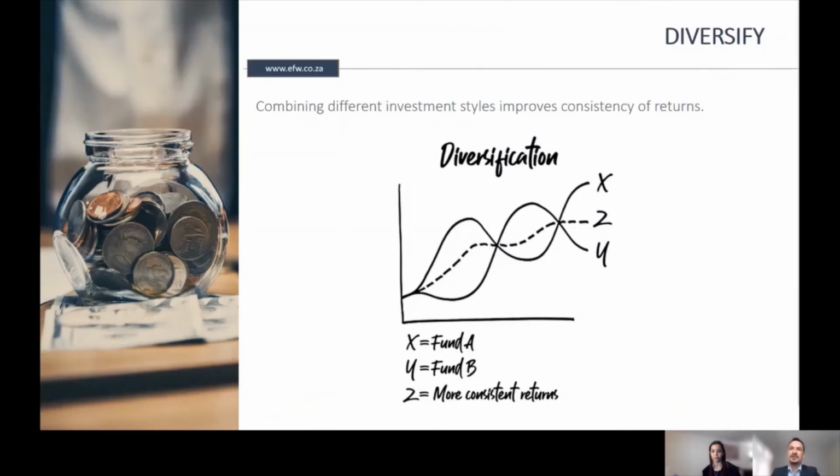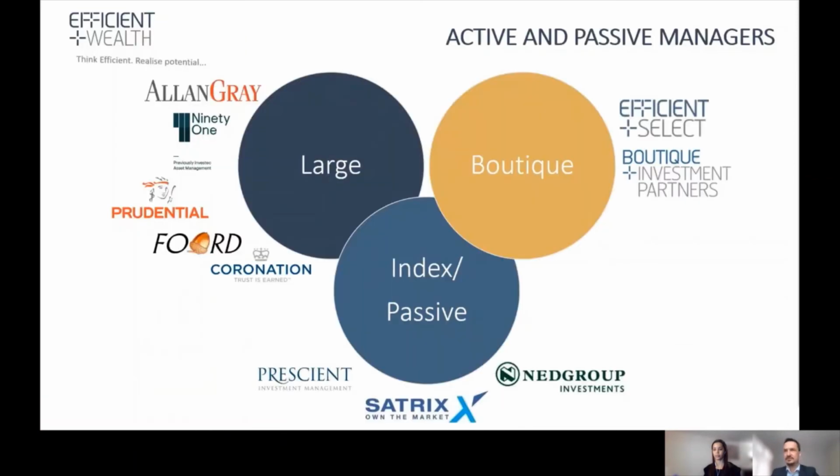We combine different funds with different investment styles to improve the consistency of our portfolios. So we don't only select one specific style, but we combine different styles, for example, quality, value, momentum, and size, to have a better outcome for our clients. We also diversify between different types of asset managers.